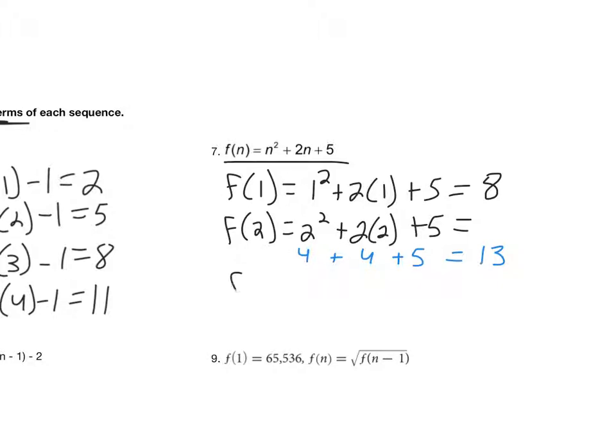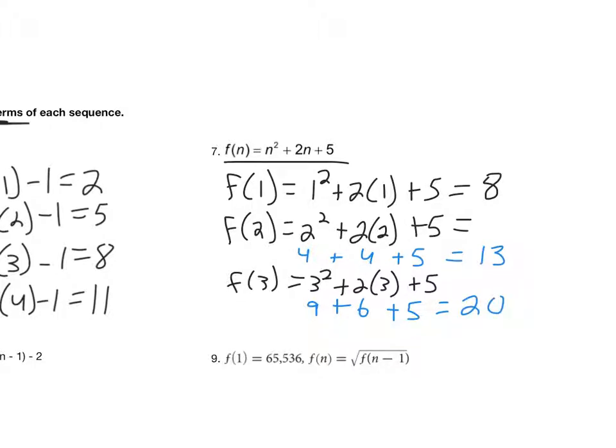F of 3 would be 3 squared, which is 9, plus 2 times 3, which is 6, plus 5. So 9 plus 6 plus 5. Well, 9 plus 6 is 15, and 15 plus 5 is 20.